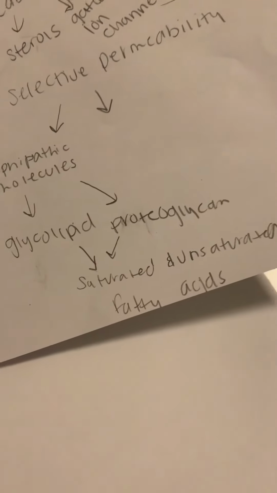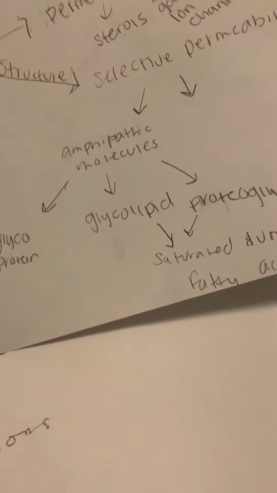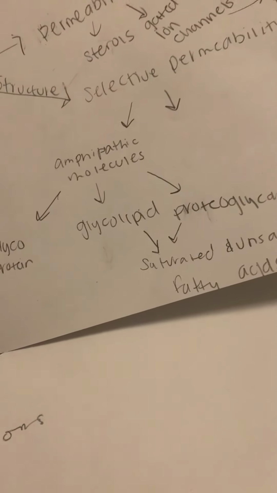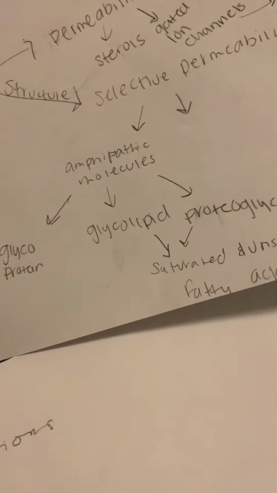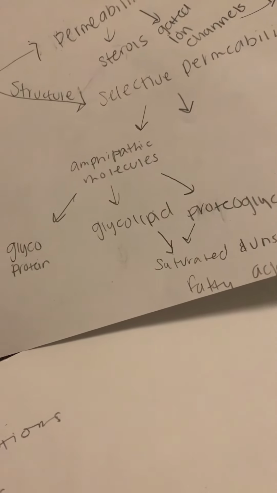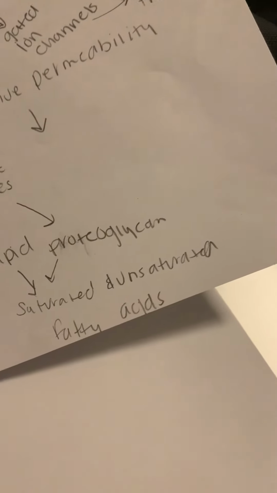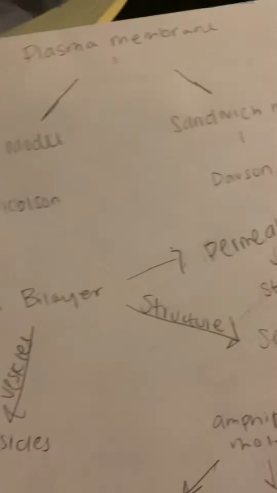And so both of these go into saturated and unsaturated fatty acids. Saturated means that they have carbons that are all bound to something, and so they have no room for hydrogens to come in and take place. And unsaturated means that they have room for hydrogens to come in and take place.